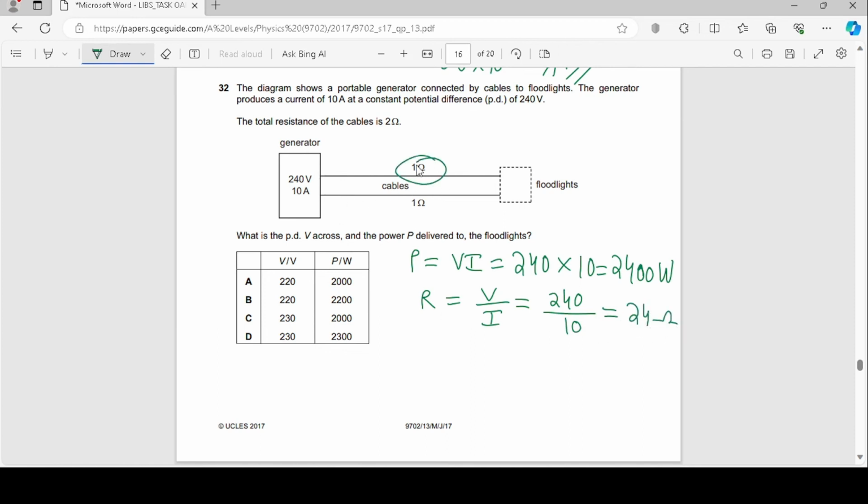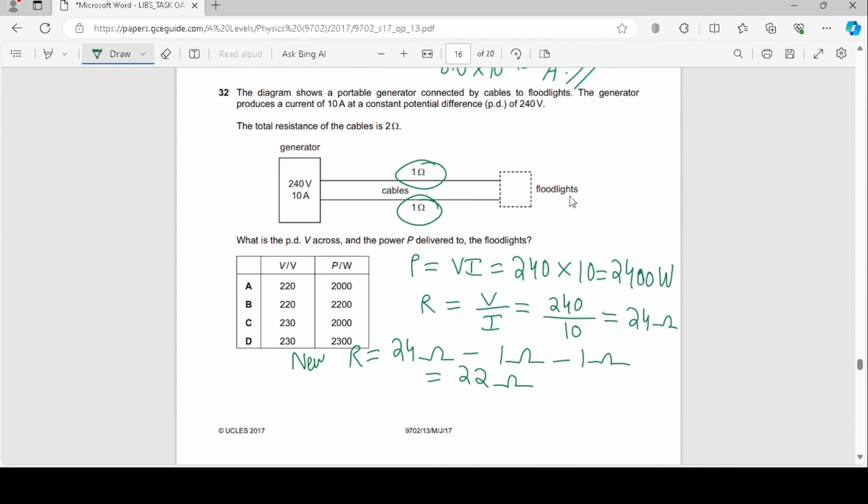Because the cables had resistance of 1 ohm and 1 ohm, your resistance decreased to 24 ohms minus 1 ohm for each of the cables. So you got the new resistance as 22 ohms.